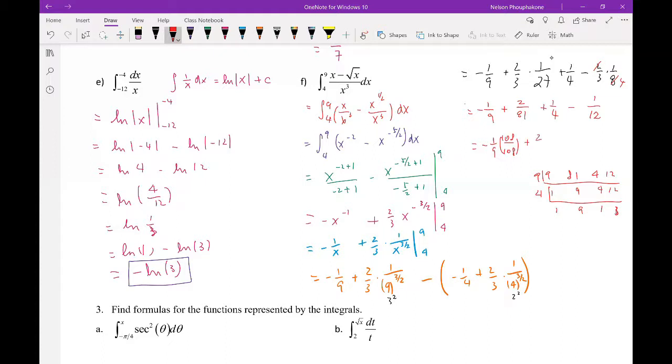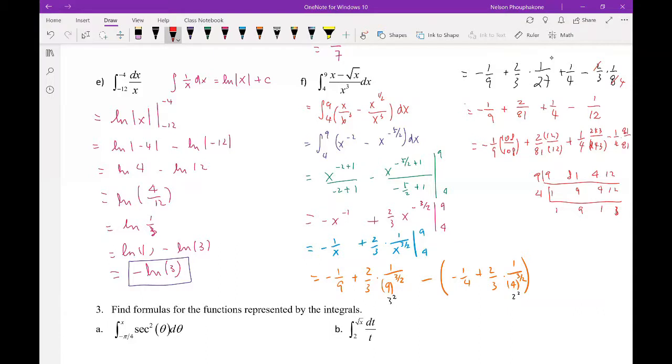Plus 2/81, and then this one right here is multiplied by 12, and then plus 1/4. So I have 81 times 3, and then minus 1/12 times 81/81.